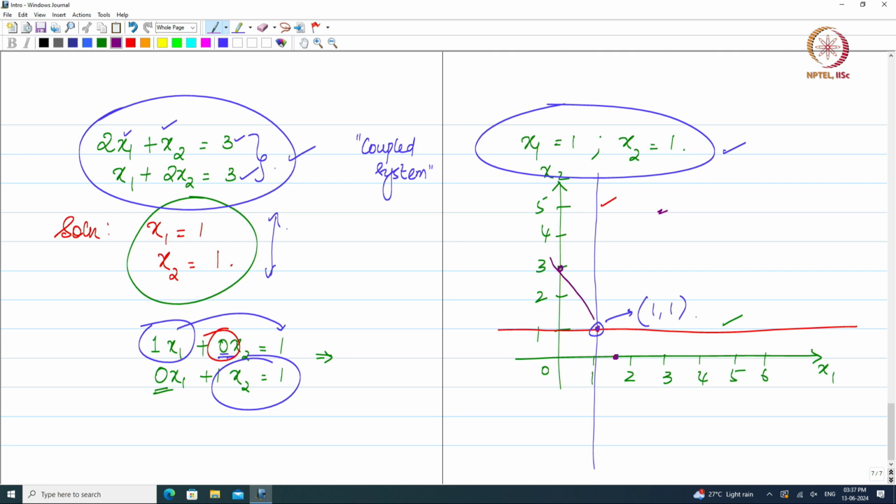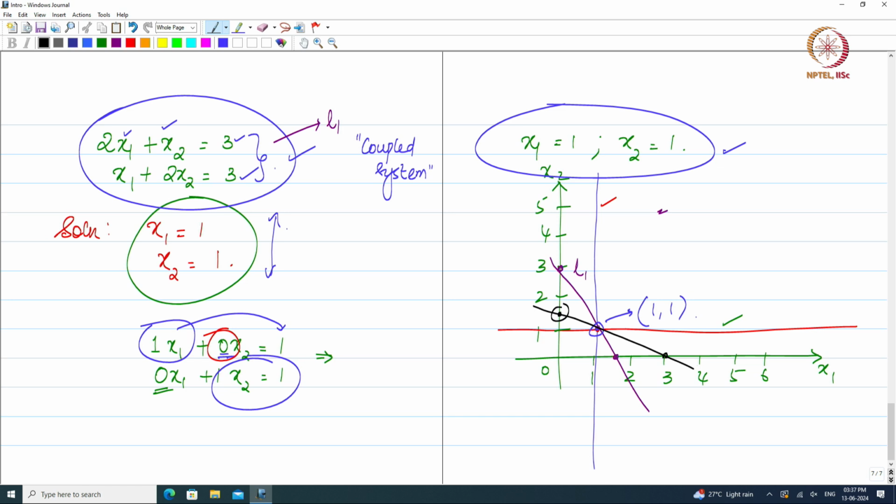So I am going to have my L1 line to be this. Suppose I call this L1, and the second one is going to be this. Let me take the second one, x1 is equal to 3 when x2 is 0, and x1 is equal to 0 when x2 is equal to 1.5. So this line is going to be like this.